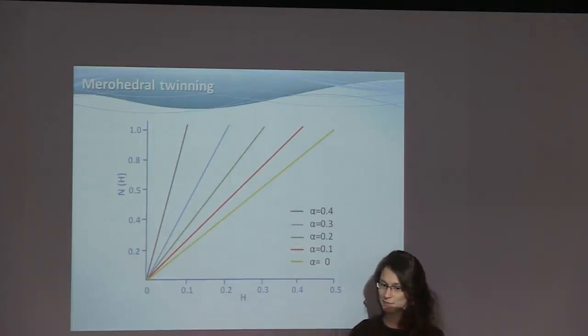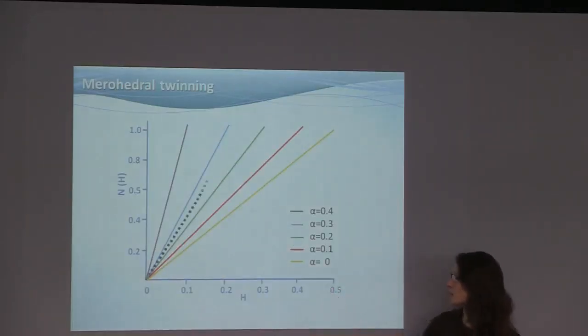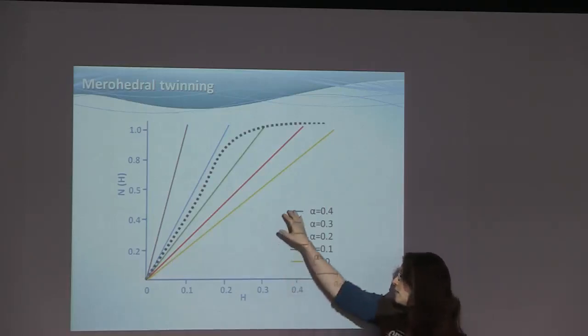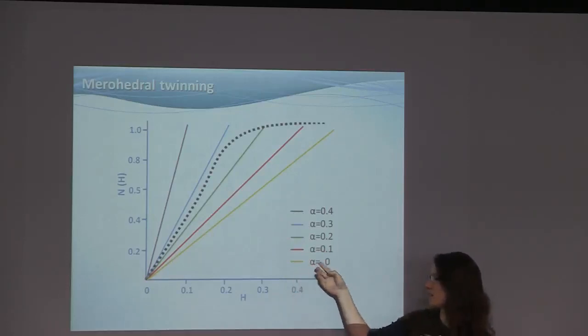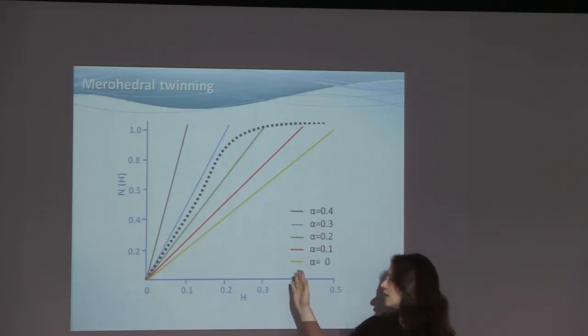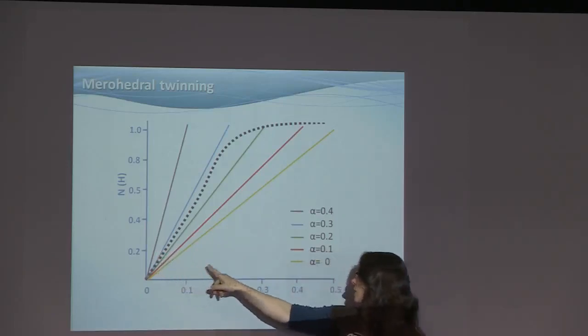And the plot will possibly be easier to understand. So what we would get for a certain structure would be the dotted line. You have these three lines to see different alphas. Alpha is the twin fraction. From a high alpha to a low alpha.